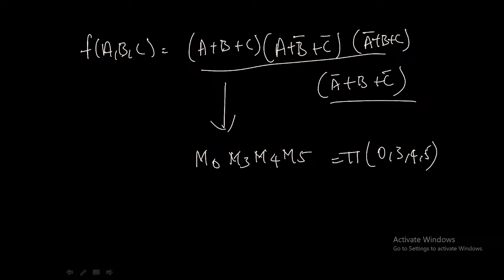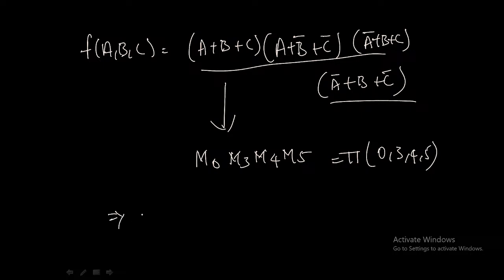So from this, what can we conclude? What is our conclusion? The complement of a min term is nothing but a max term. So it can be stated that the complement of a max term is the min term and vice versa.